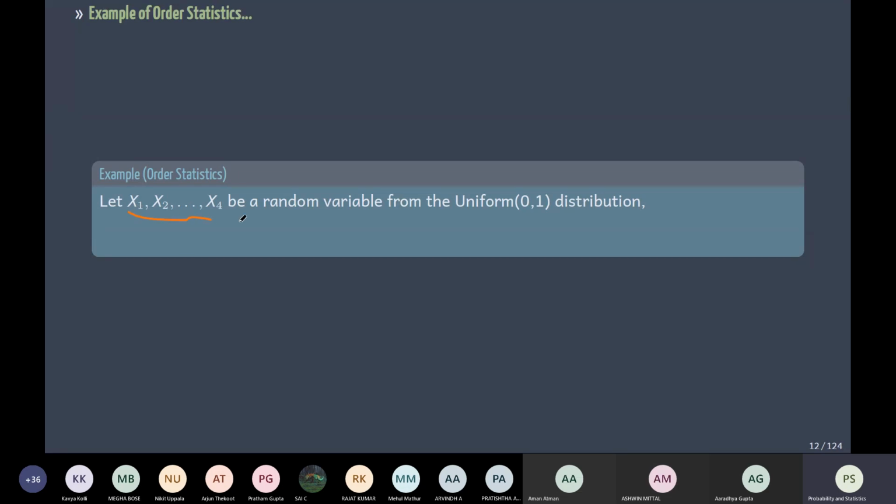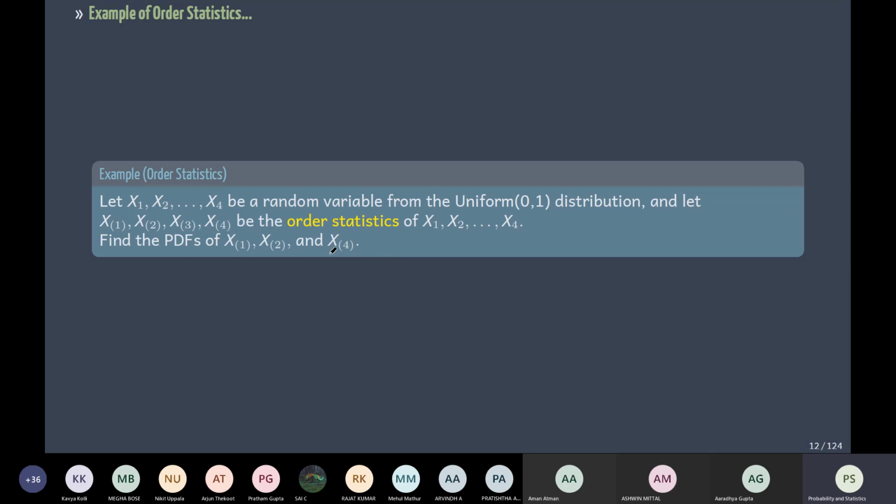Now there is an example on order statistics. Let x1 to x4 be random variables from the uniform distribution, and let x(1), x(2), x(3), x(4) be the order statistics. Usually we start with random variables like this, and when we say order statistic, we put the index in parentheses. So we call it the order statistics of x1 to x4.